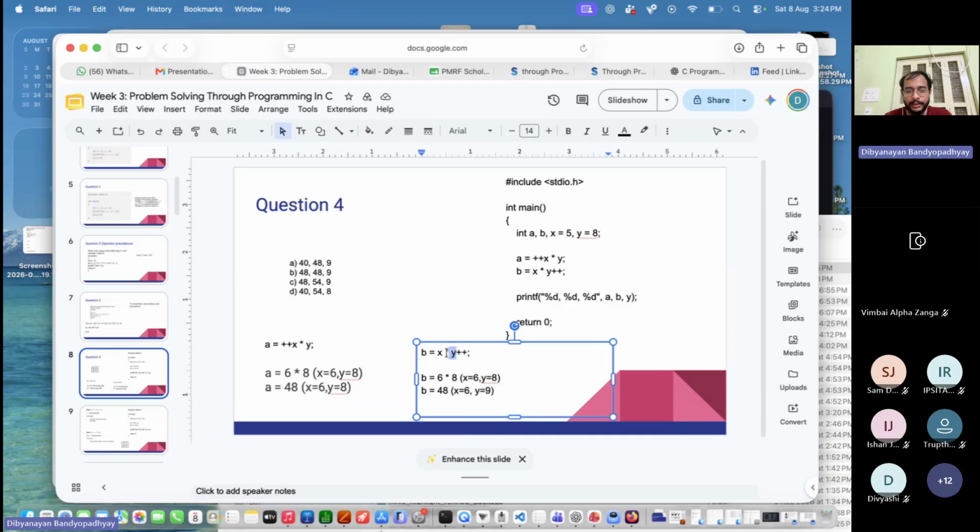So what is the operation? X into Y, right? You do the operation first, 6 into 8, assign the value of that to B, and then you increment the value of Y to Y plus plus, which is basically 8 plus 1 equal to 9. So that's it. Any confusion now?